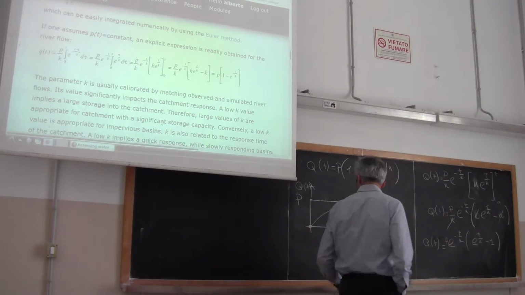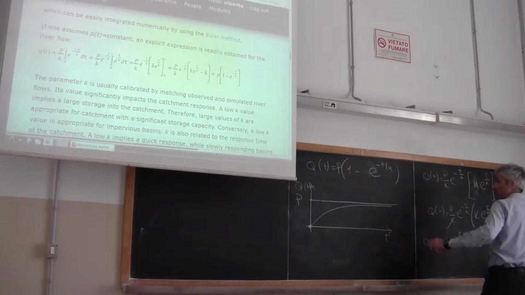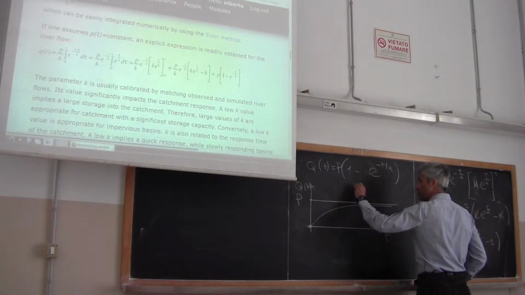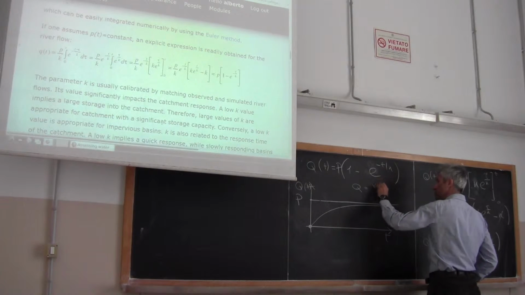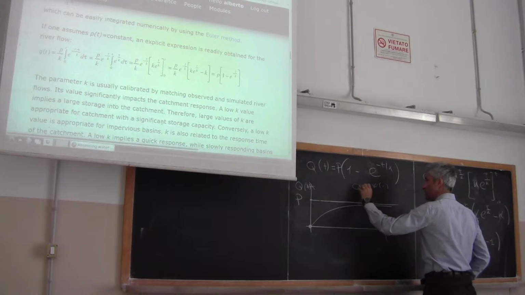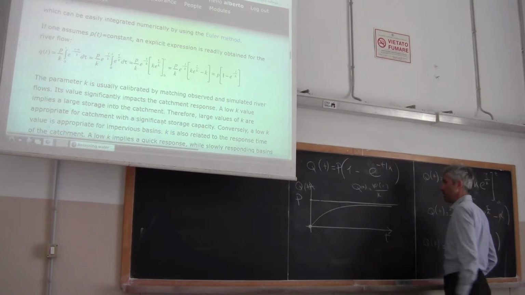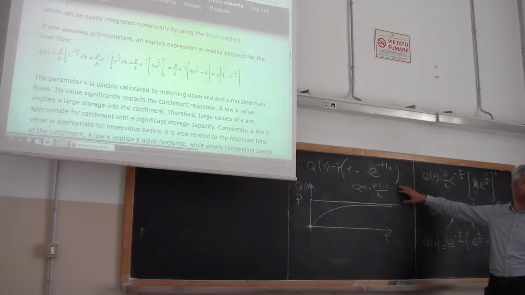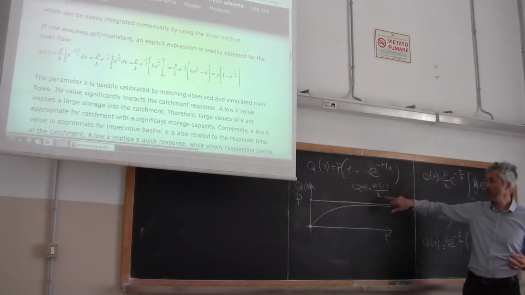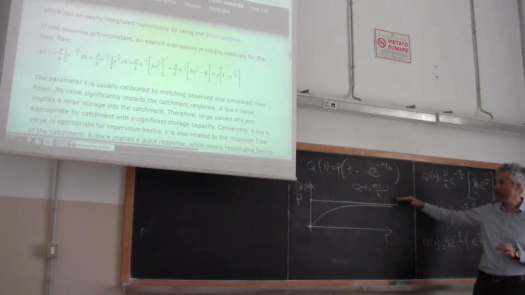remember the original relationship from which we started, the energy balance. The energy balance was Q is equal to W divided by K, Q = W/K. We wrote it in a different way at the beginning. We wrote it in the form W is equal to K times Q, but it's the same story.